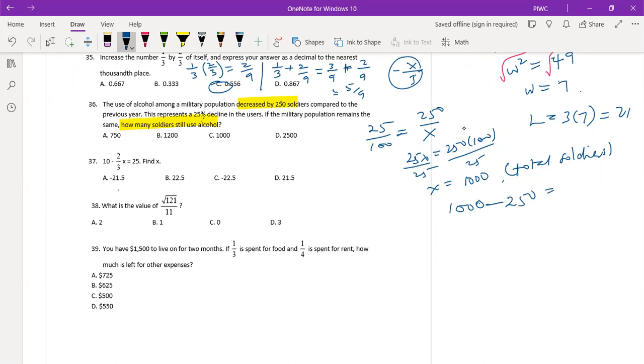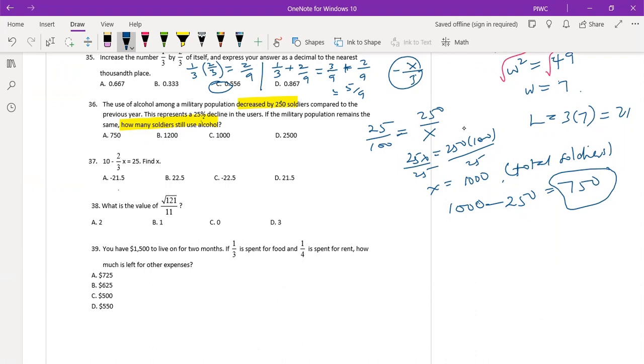So those who still use it is 750. Just subtract: originally you have 1,000 people using alcohol, but it went down by 250. So the new number of those who still use it is 750. So this one you have to think a little deeper.